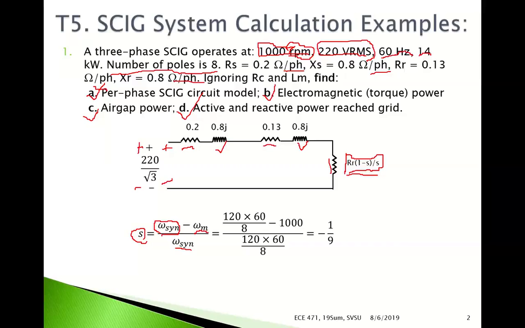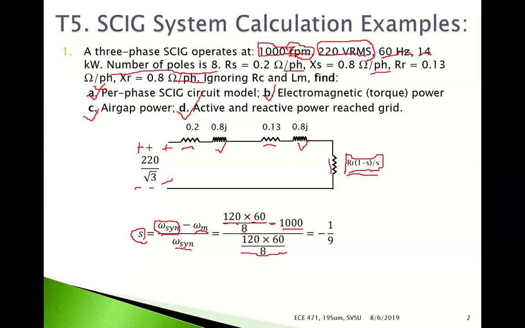The formula of synchronous speed is 120 times frequency divided by number of poles, exactly in RPM. So this synchronous speed minus the given 1000 RPM, divided by this synchronous speed in the denominator. So very nice. In other words, be careful.